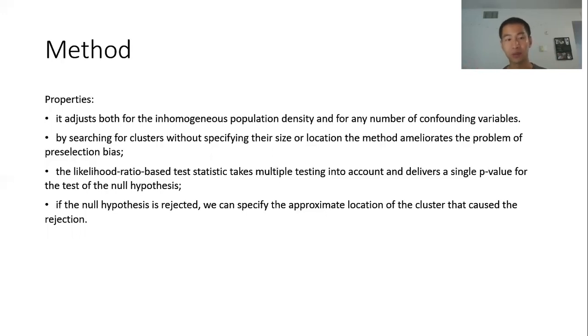The likelihood ratio takes multiple testing into account and delivers a single p-value. Finally, if the null hypothesis is rejected, we can specify the approximate location of the cluster.